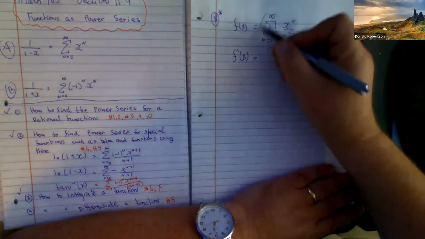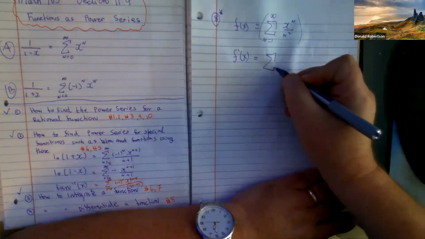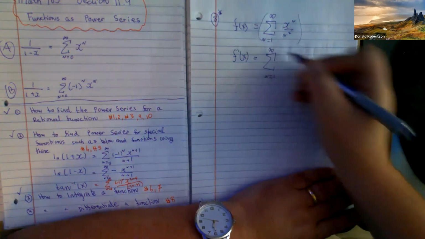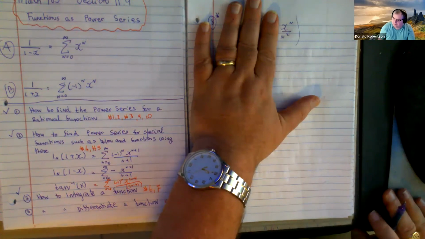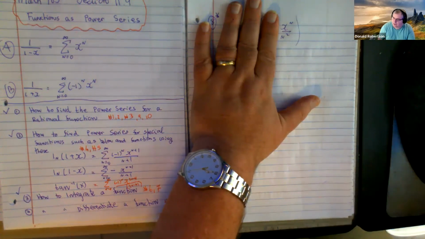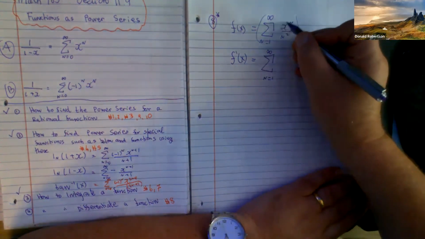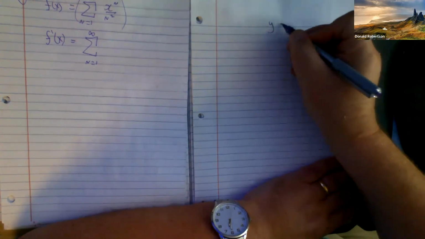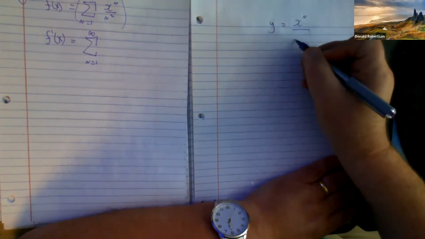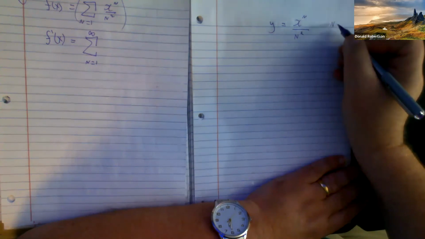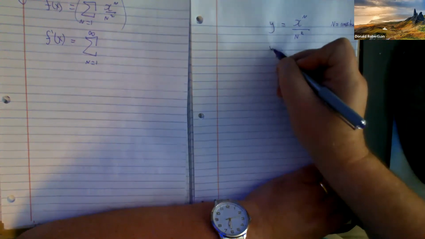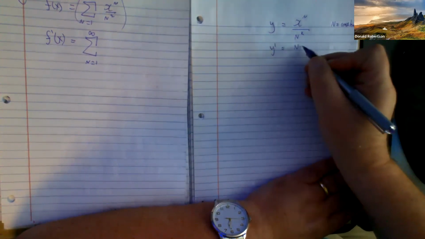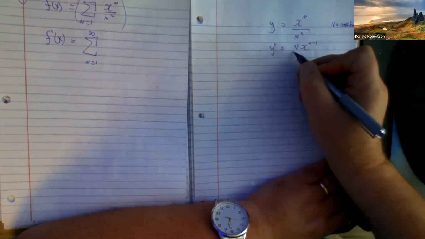If you want to differentiate a power series, does it seem reasonable that what you do is you differentiate the individual terms? Does that seem reasonable? So you differentiate this guy. Let's do that at the side. If I said to you, y is x to the n over n squared, and you have to think of n as just a number, a constant, then won't its derivative be multiply by the power and reduce the power by 1?